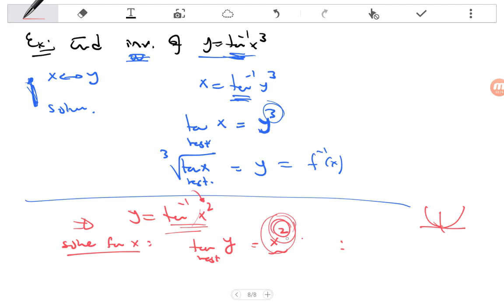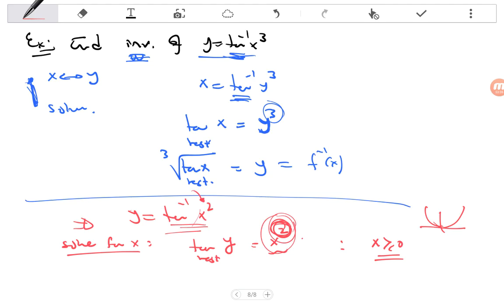So I will just put a restricted domain on this x, to be greater than or equal to 0, so that I can cancel the effect of the squaring.